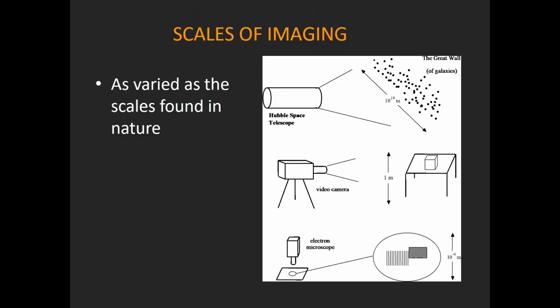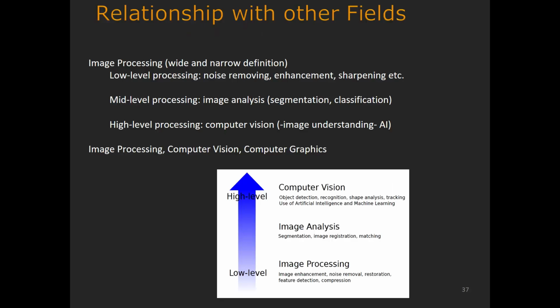And scales of imaging can vary from a galaxy, which is on the order of 10 to the power 28, to an electron microscope, which is on the order of 10 to the power minus 6 meters. And its relationship with other fields. Image processing consists of low level processing, for example, image enhancement, noise removal, restoration, feature detection and compression.